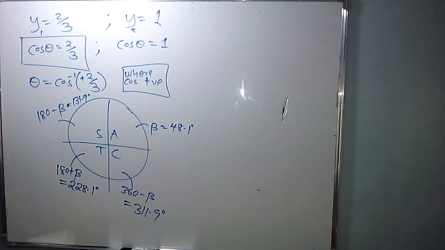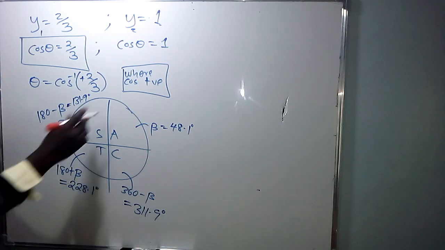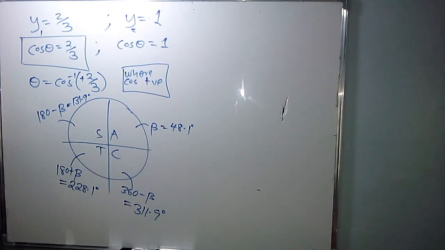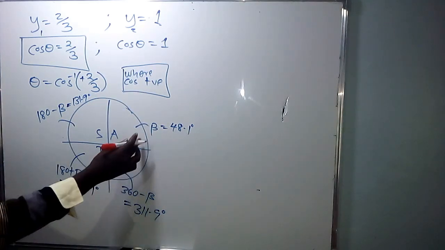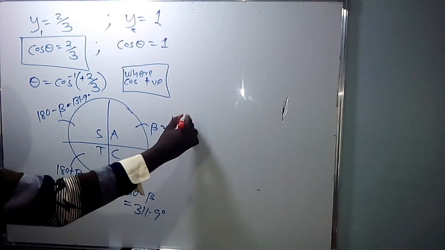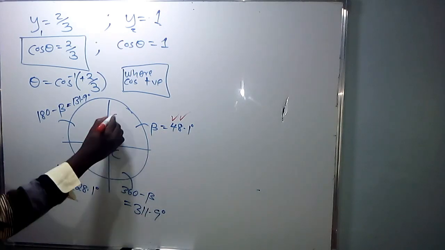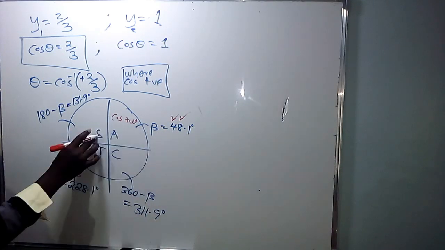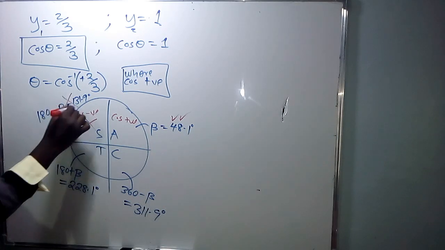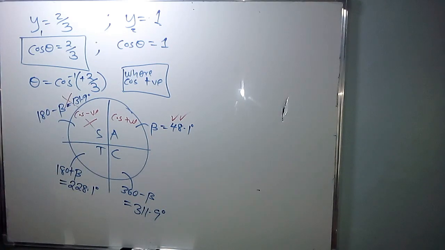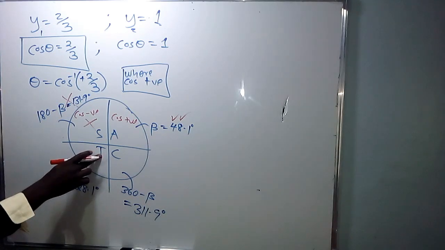So from there, which angles are we looking for? We are looking for the angles where the cosine is positive. In the first quadrant, all of them are positive, meaning we need that angle, 48.1 degrees. In the second quadrant, only sine is positive, meaning cos is negative, so we don't need that angle.